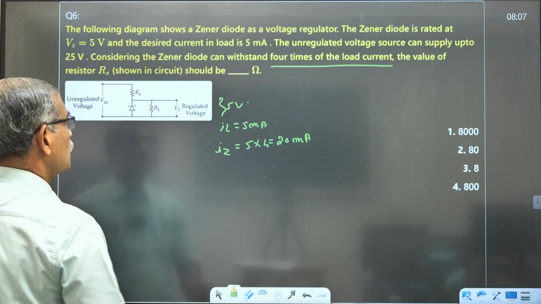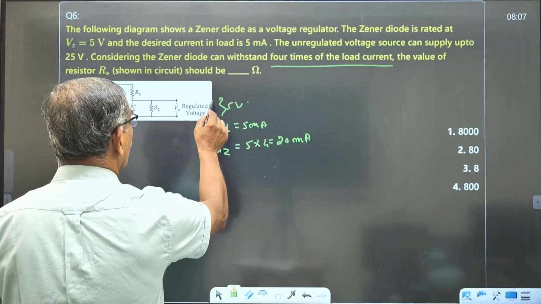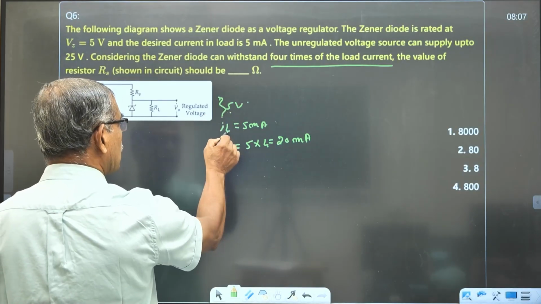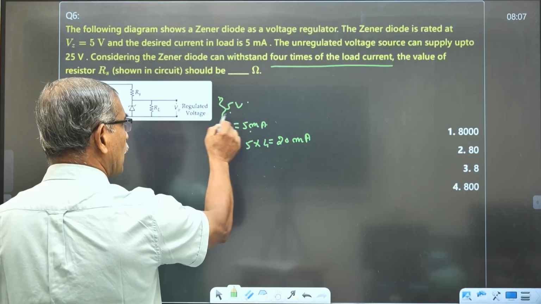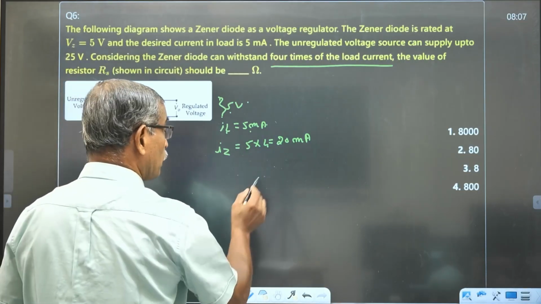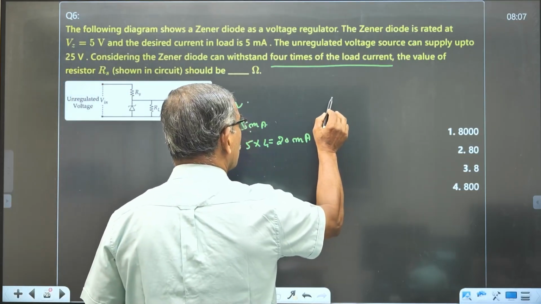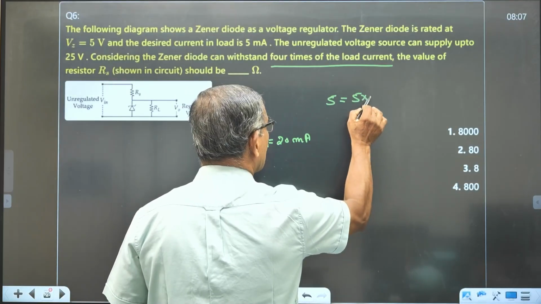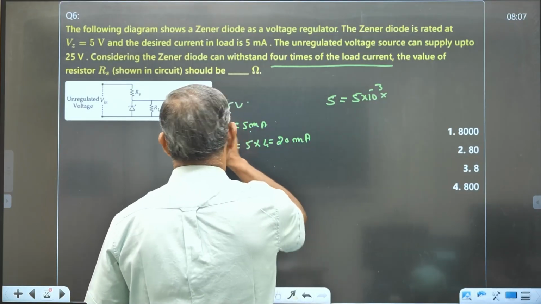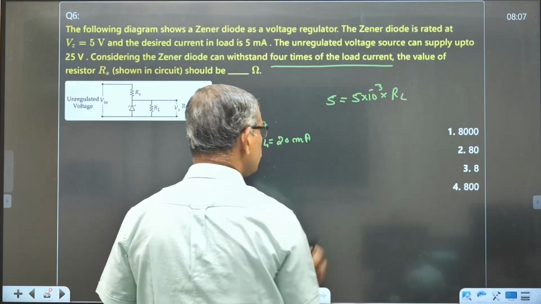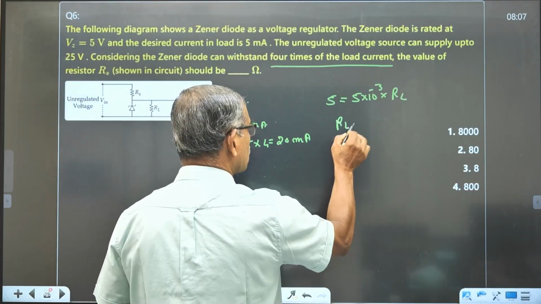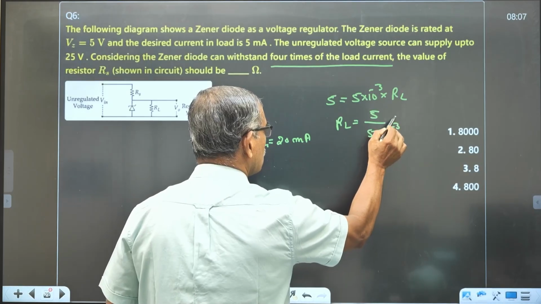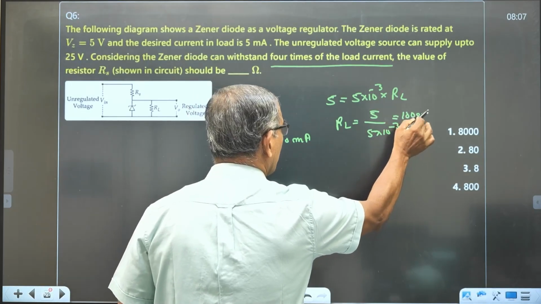Next thing. The voltage across the load is equal to 5 volt. The current through the load is equal to 5 milliampere. And by Ohm's law, 5 is equal to I into RL, 5 milliampere into load resistance RL. From this, load resistance RL is equal to 5 by 5 into 10 raised to minus 3, which is 1000 ohm.